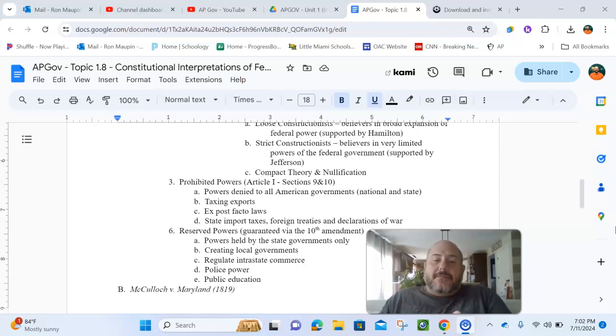So per the 10th Amendment, the states get to do it. That's why you guys are getting a state of Ohio education. It's a state of Ohio curriculum that we are required to teach. Now, note, you can have subunits that go a little bit more local, like local school districts, but public education is a state power.